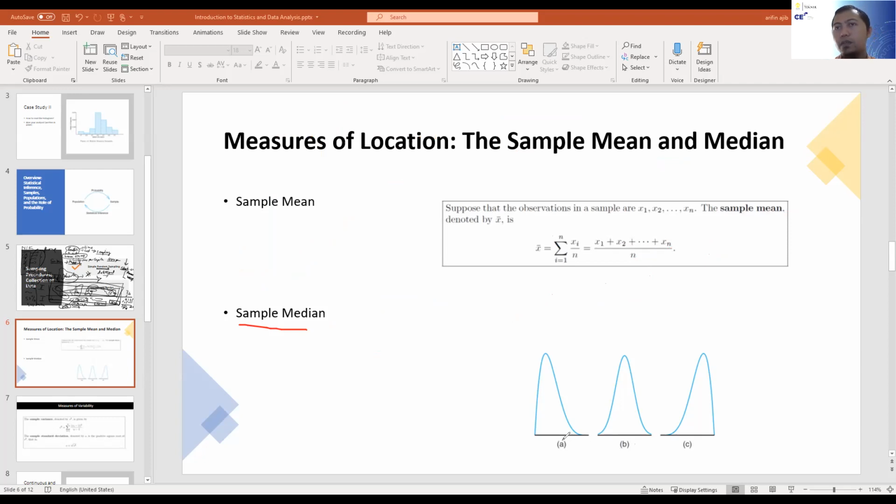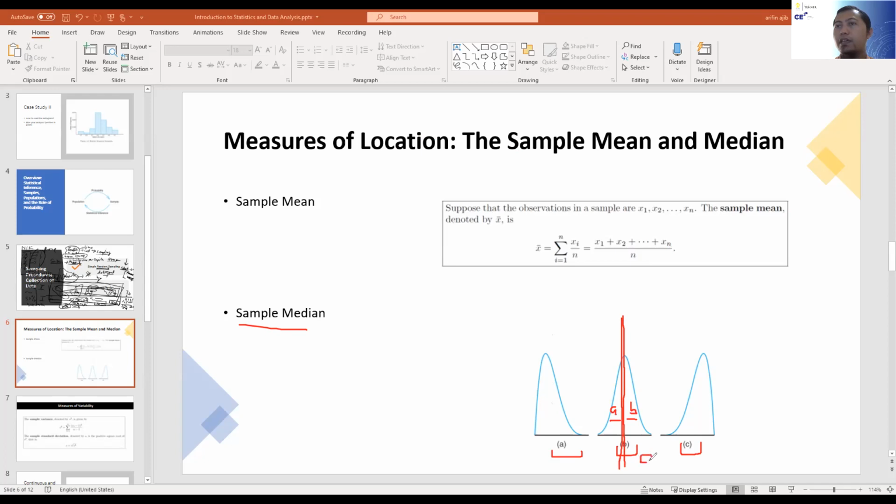So these three kinds of distribution models might occur. Starting from this one, the first one, if we make a straight line in the center, the area between left and right is equal.